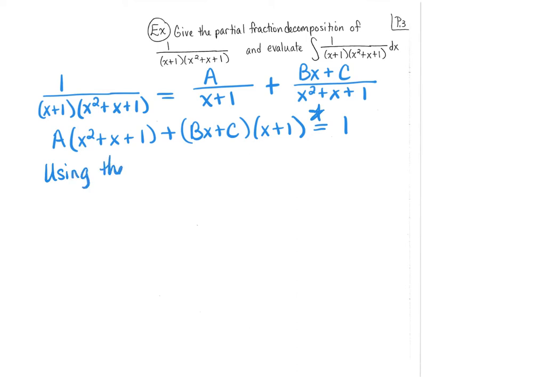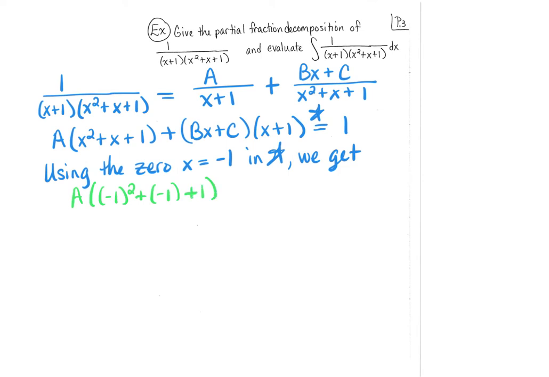Using the 0, x equals negative 1 in star, we get the following. We're substituting in negative 1 here, okay? So we get a times the quantity negative 1 squared plus negative 1 plus 1, all of that, plus b times negative 1 plus c times negative 1 plus 1, that equals 1.